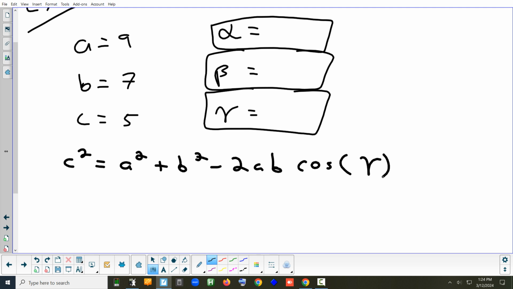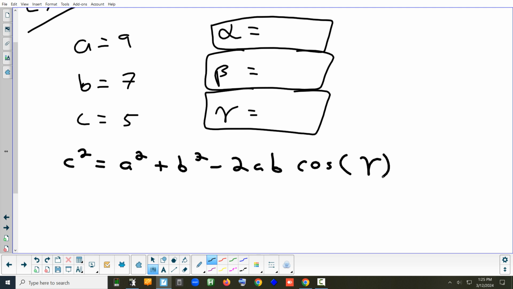These will work. 9 plus 7 is bigger than 5. 7 plus 5 is bigger than 9. And 9 plus 5 is bigger than 7. So that's fine. Any 2 sides added together have to be bigger than the third. If they're not, you can write no solution. Even if they're equal to the third, like if I give you sides of 3, 3, and 6, you can't make a triangle with them. It doesn't work. Has to add up to be bigger.